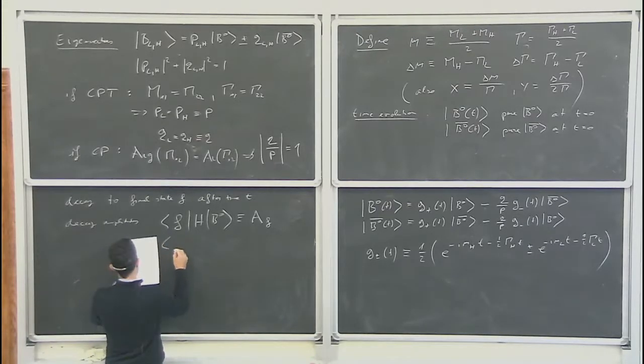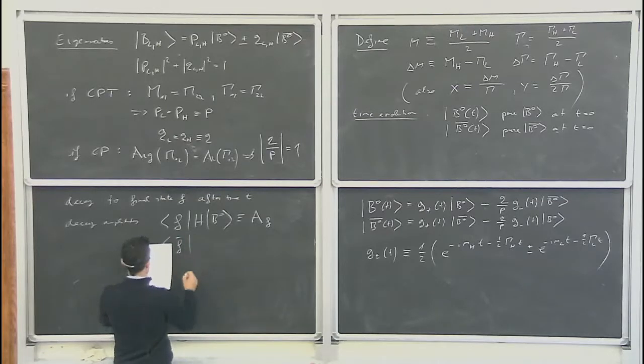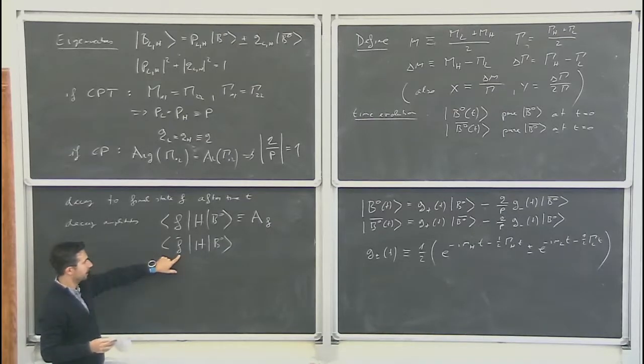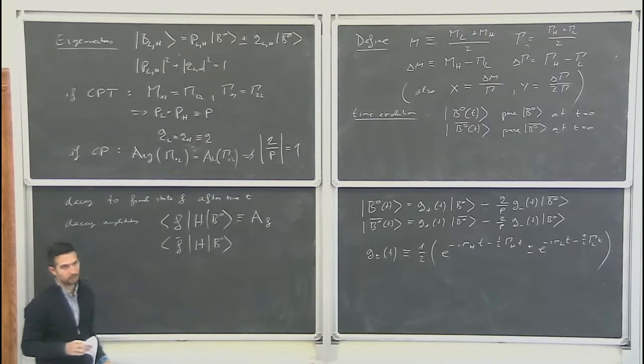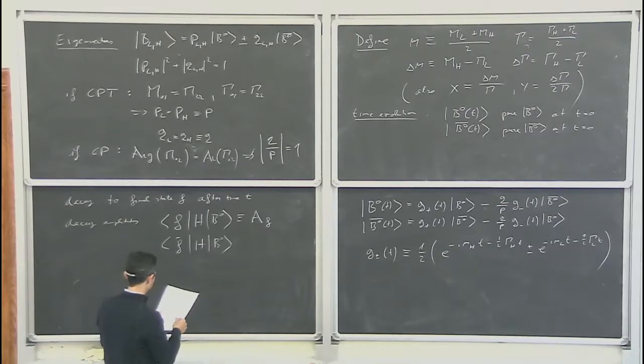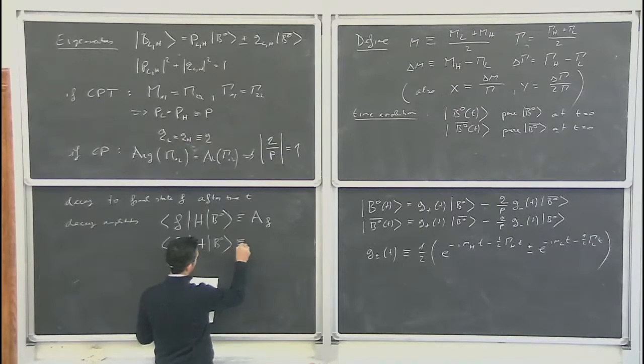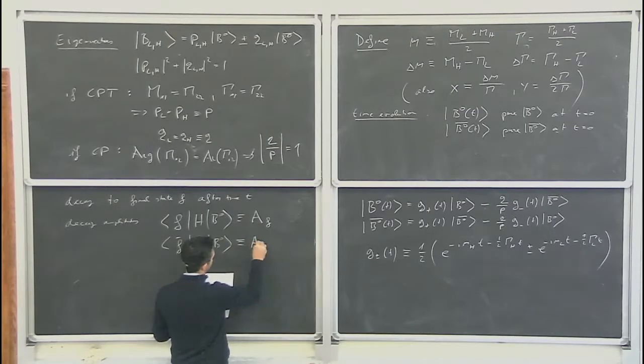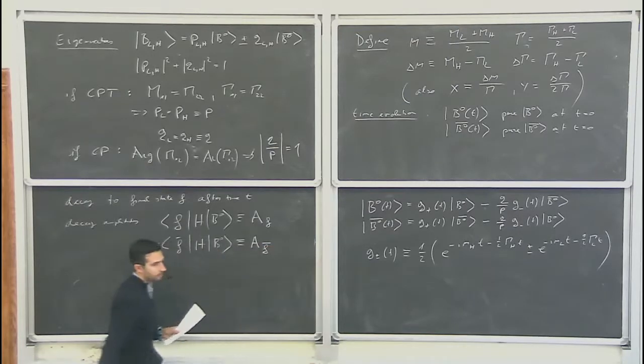Similarly, the decay amplitude of the same state B naught to f bar, so CP conjugate, f bar, I will define as A f bar.